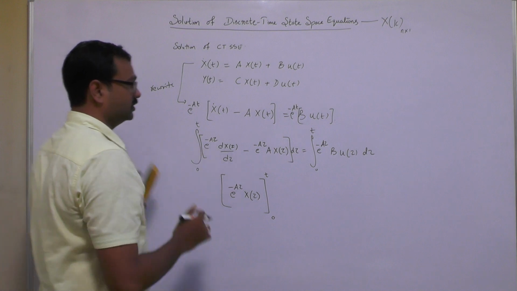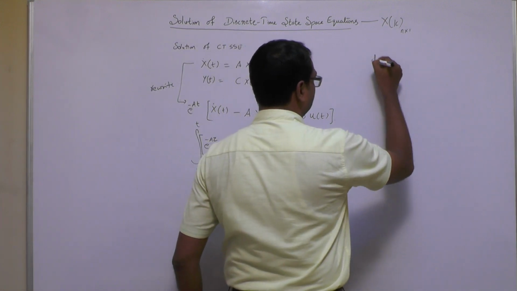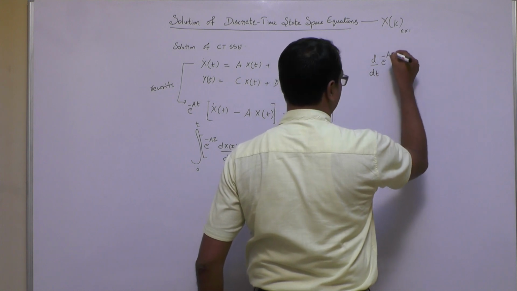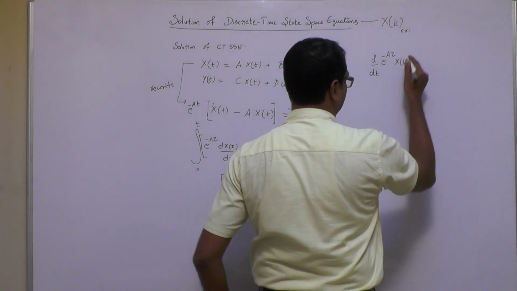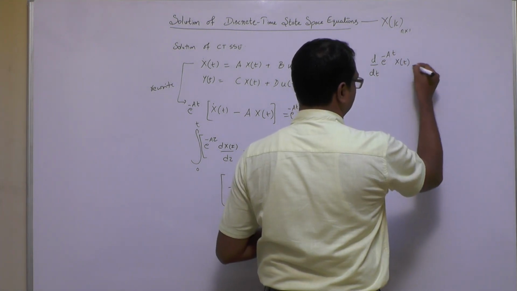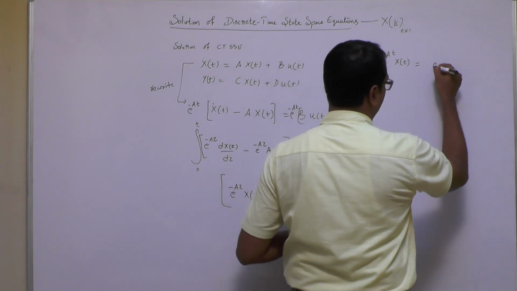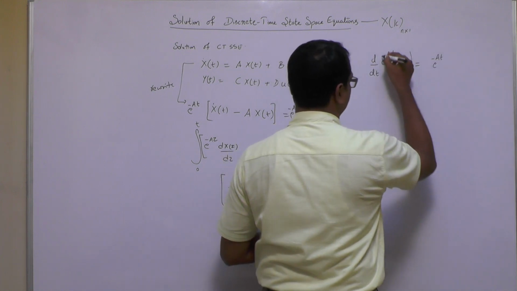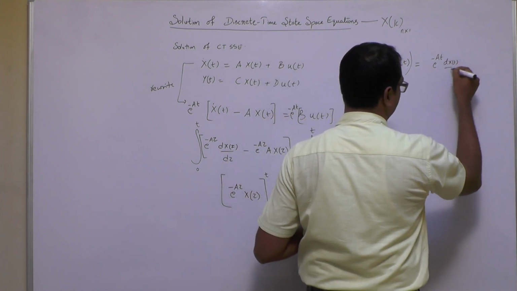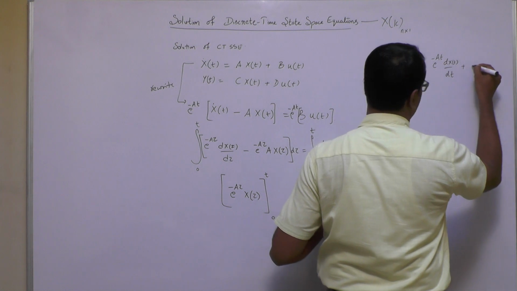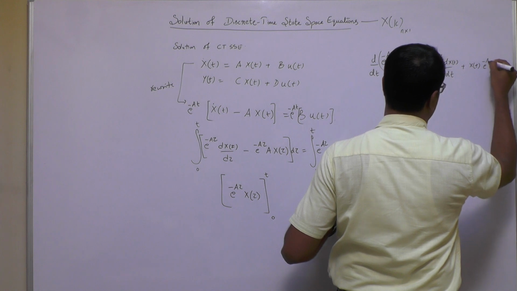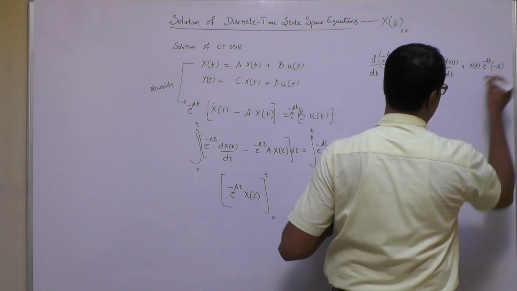In fact, you can also say that d by dt of e power minus at x of t can be written, by the UV rule, as e power minus at into dx of t by dt plus x of t into e power minus at into minus a.